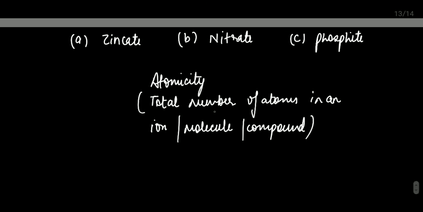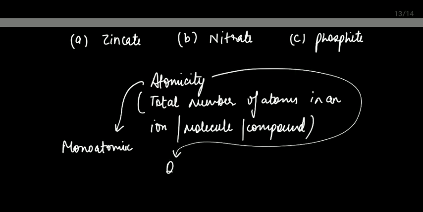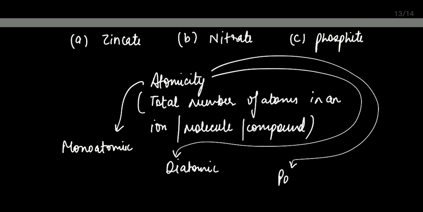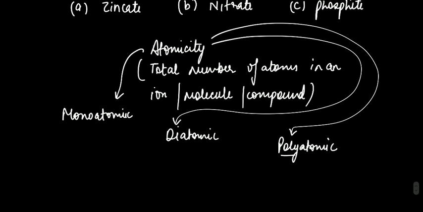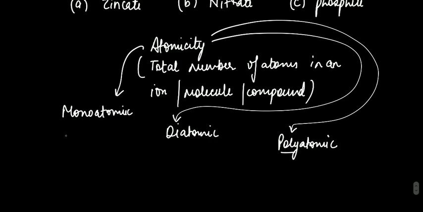So based on this definition, atomicity can be monoatomic, diatomic, or polyatomic. Polyatomic means many. Mono means atomicity is just one.